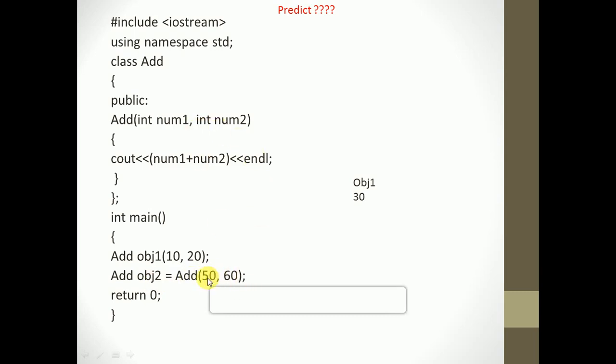For num1 it holds the value 50, num2 holds the value 60. Now it gets in. So see out num1 plus num2. So my obj2 will hold the value 110. So in my output screen you can see these 2 values to be printed. But always remember there are separate values for obj1 and separate values for obj2.